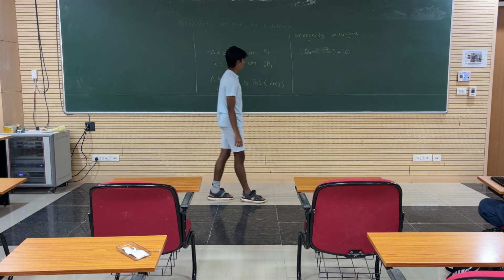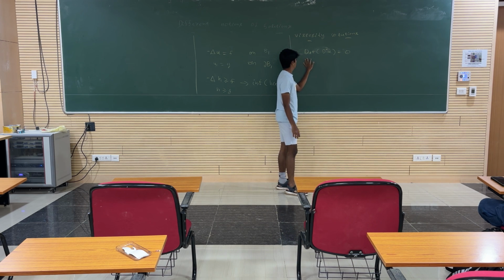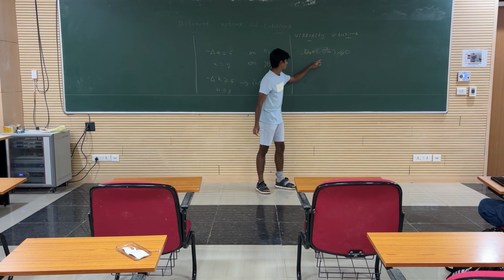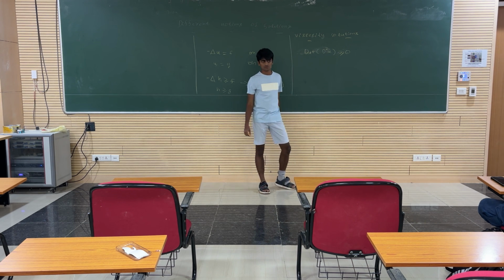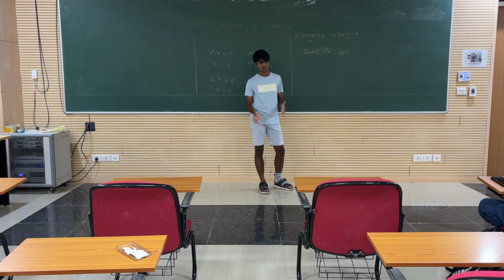Why would you consider this to be important? It just says that, suppose this is greater than or equal to 0. It means all the eigenvalues of the Hessian are greater than or equal to 0, and that means your function u is convex, because each eigenvalue is greater than 0.